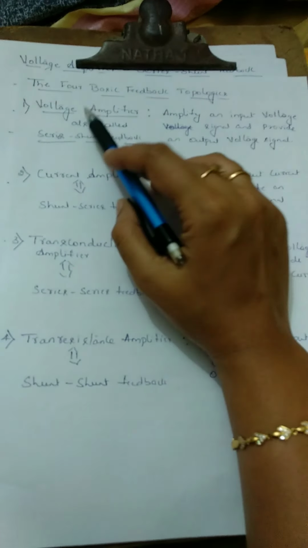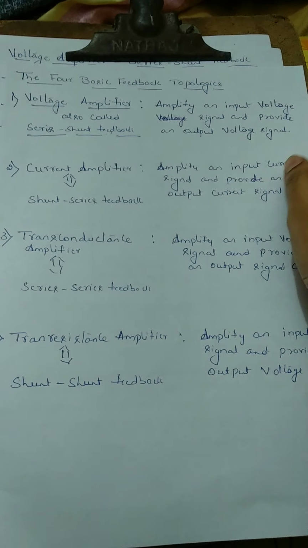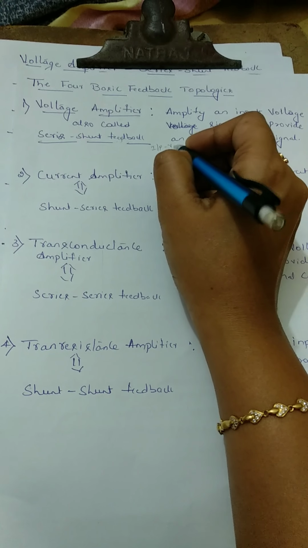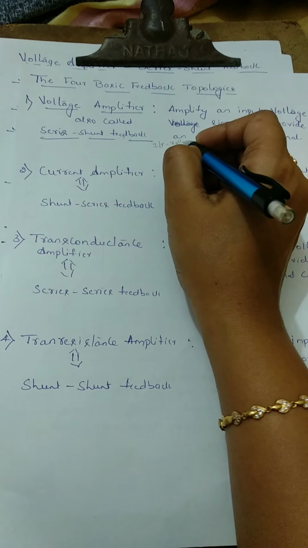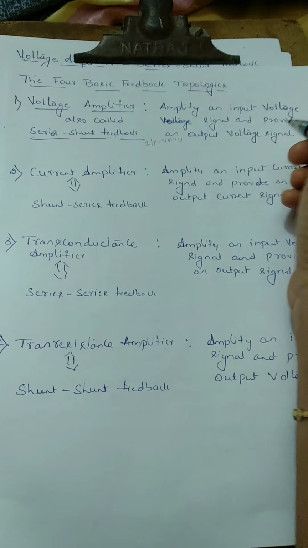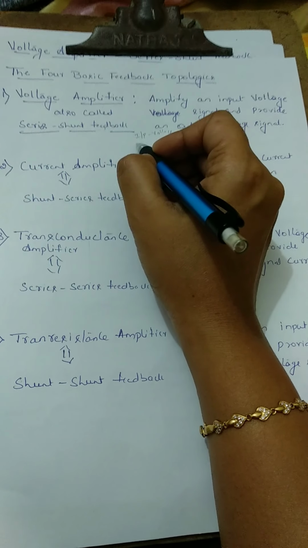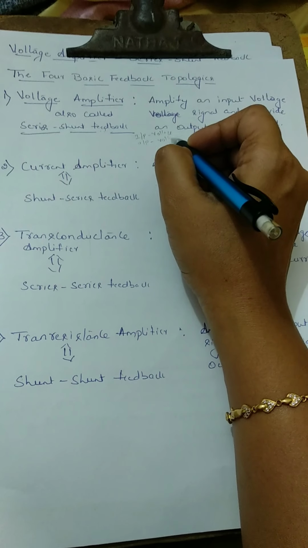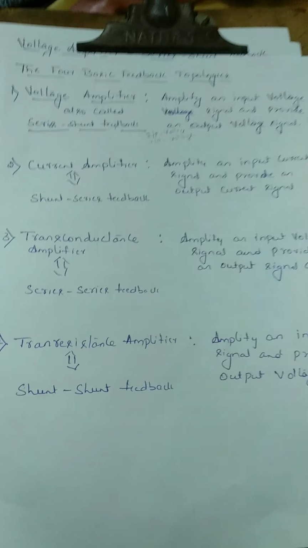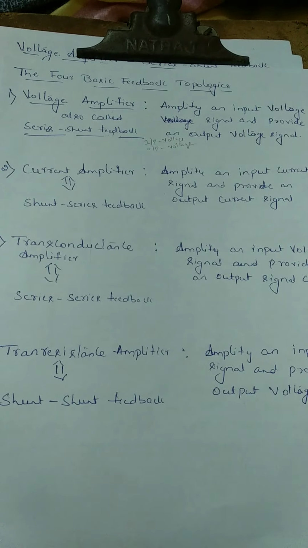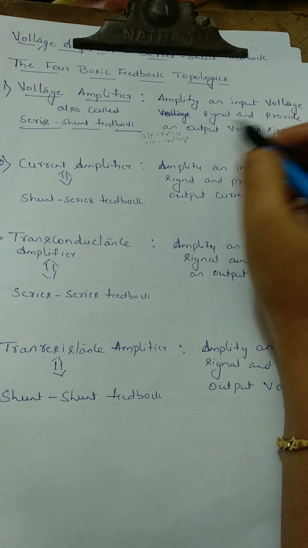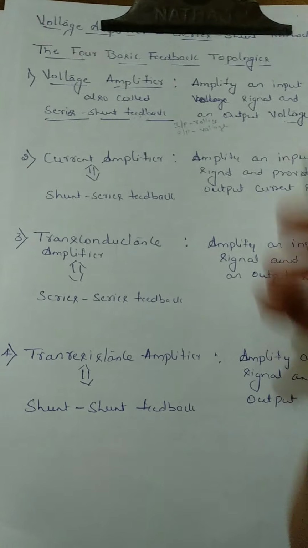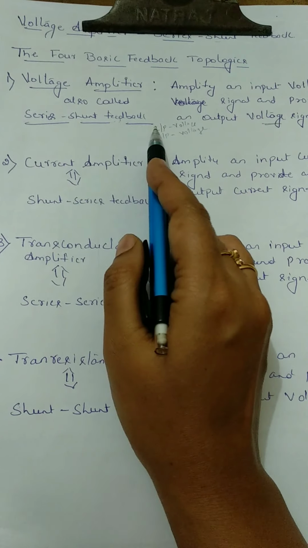In a voltage amplifier, the input is a voltage, and the output is also an amplified voltage. So we are measuring the output as a voltage also. Amplifying an input voltage and providing an output voltage signal, that is a voltage amplifier or series shunt feedback.